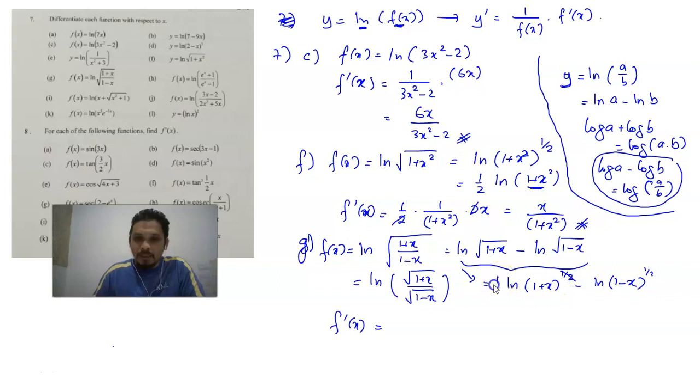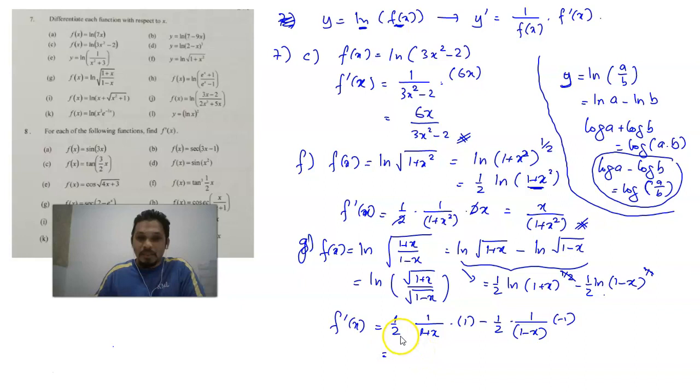Bring this half in front, 1 over 2 and also 1 over 2. So f prime(x) equals 1 over 2, differentiate ln, 1 over 1 plus x, and differentiate 1 plus x, the derivative of x equal to 1, minus 1 over 2, differentiate ln, 1 over 1 minus x, and differentiate 1 minus x, negative 1.